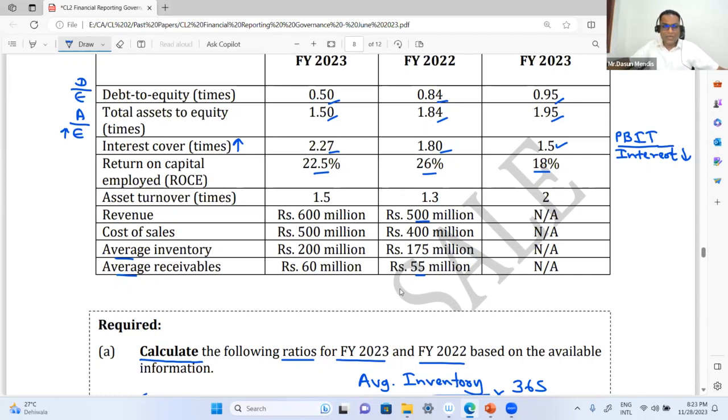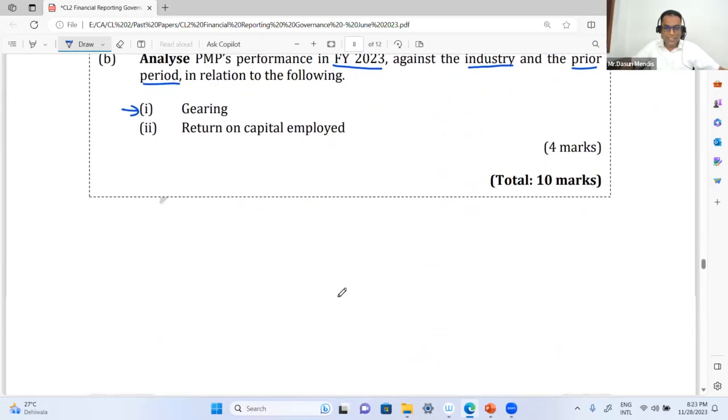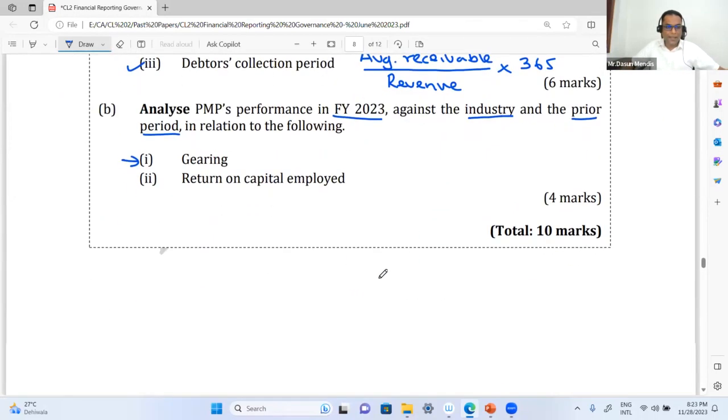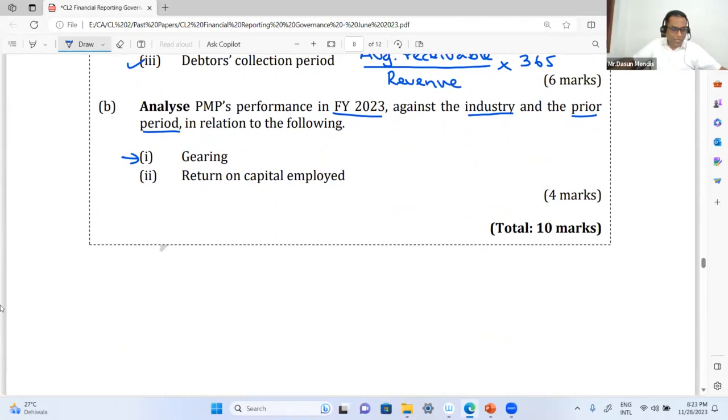Then you have been given certain numbers for the asset turnover. Last time 1.3 times, this time 1.5. Industry 2. What do you mean by asset turnover? Asset turnover, right? Okay, to understand that, let me write this particular information. So how to get the ROCE?